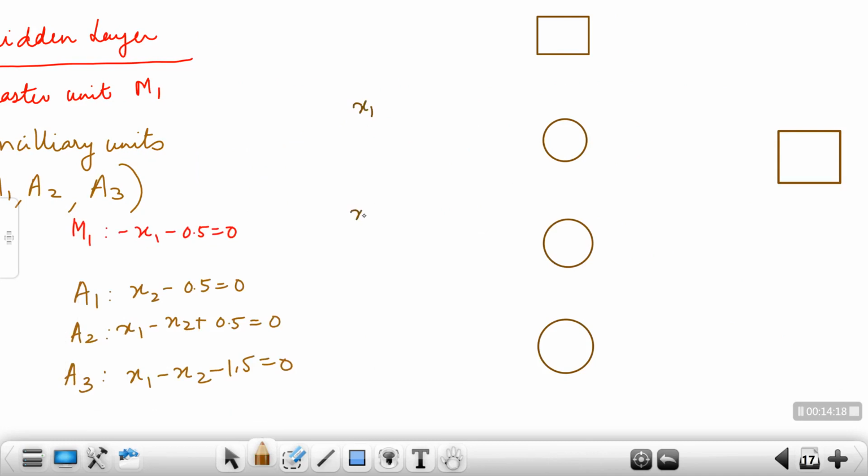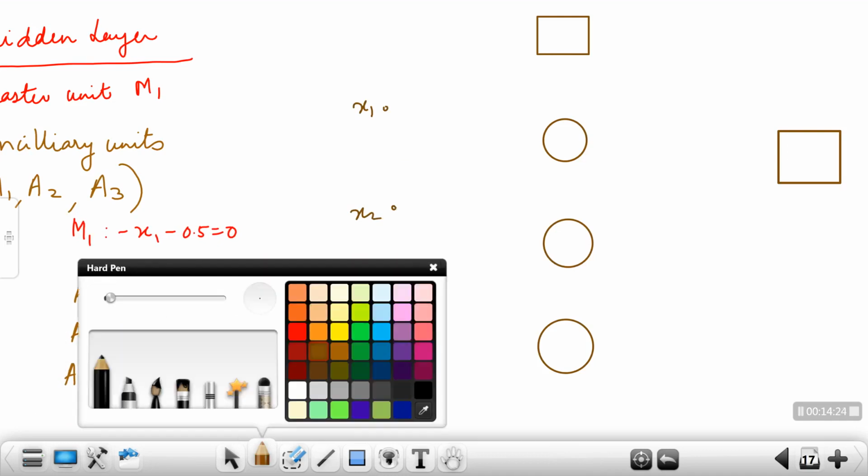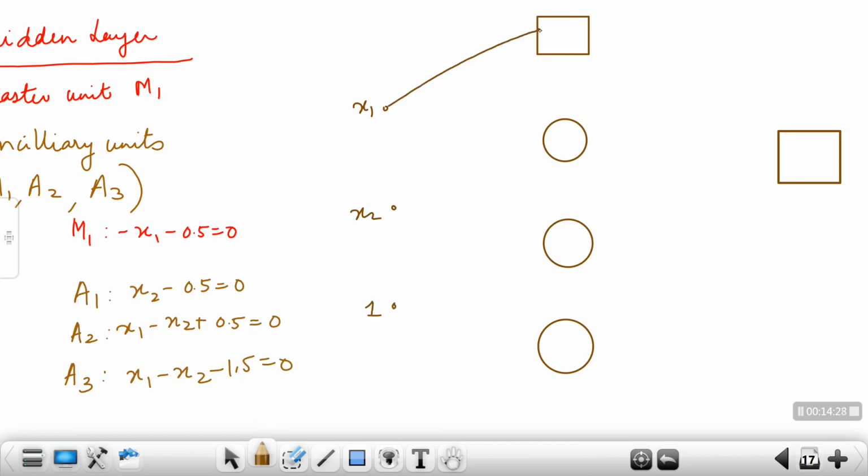There are two inputs, x1, x2 and one bias. So from this I shall be connecting the weights to the master node, that is -1 and -0.5. So this is the master node indicated as M1, this is A1, this is A2 and this is A3.